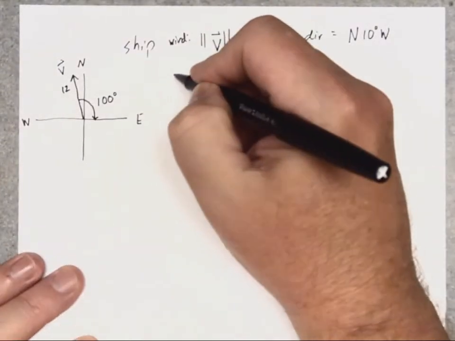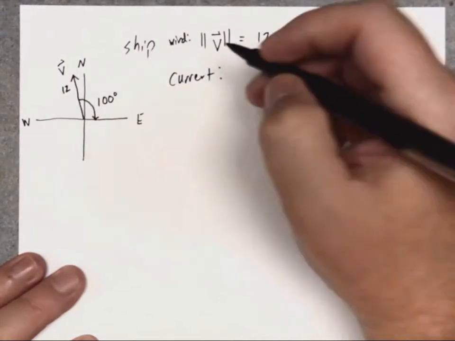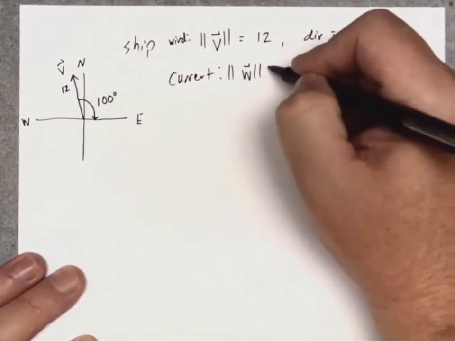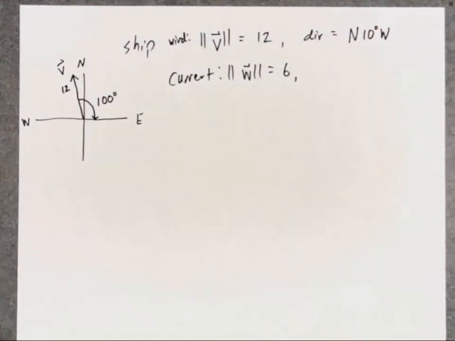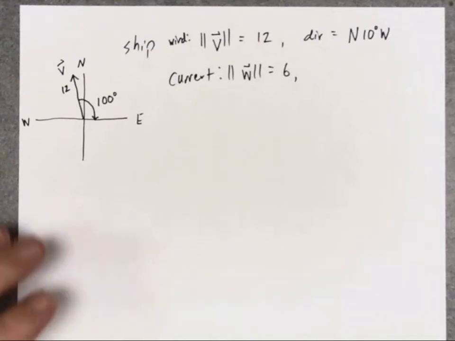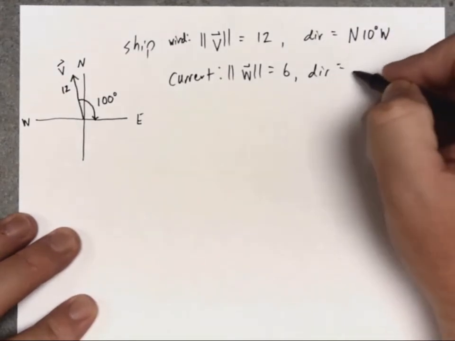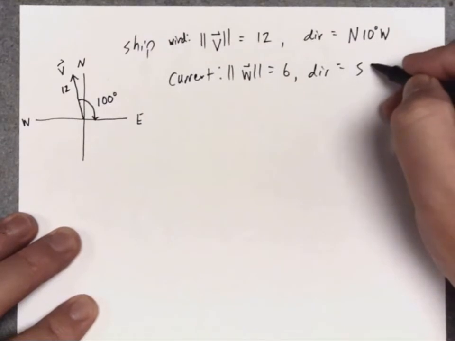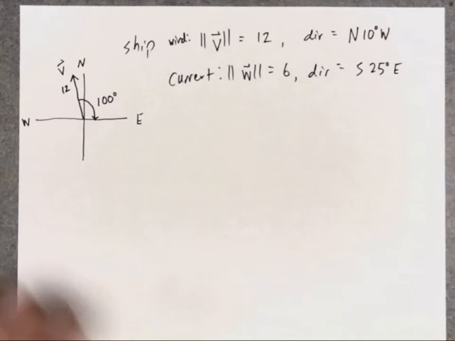Now say the current, somehow the water is pushing the boat. We'll call the current W, vector W. We'll say it has a magnitude of 6, so it's not quite as strong as the wind. And we'll say that it is pushing the boat south 25 degrees east.